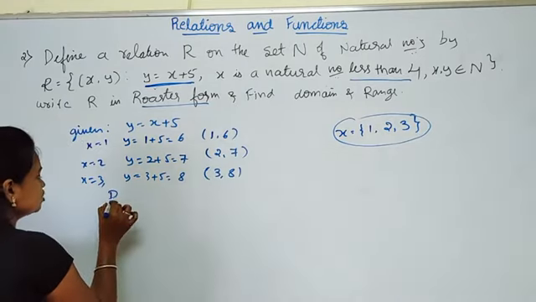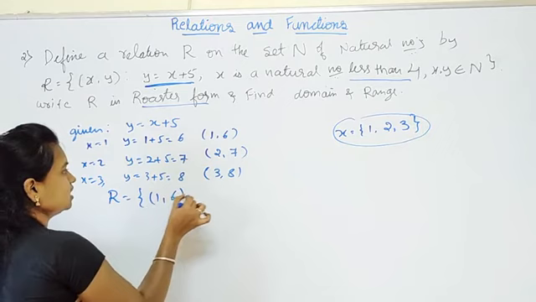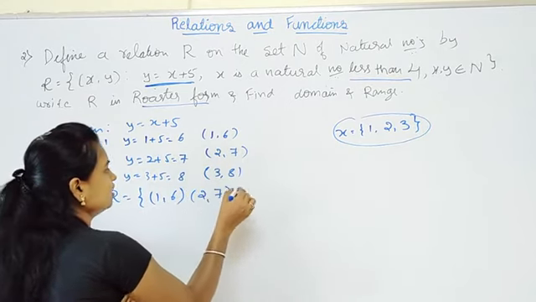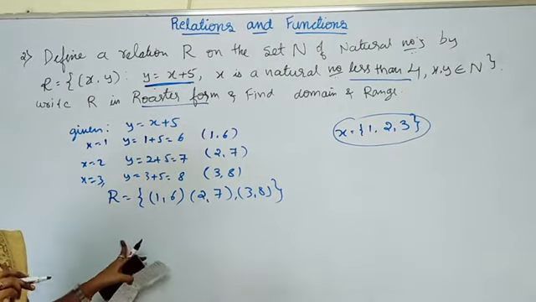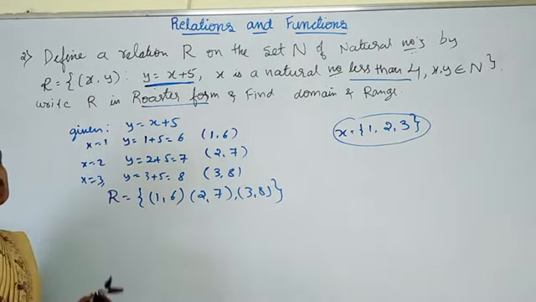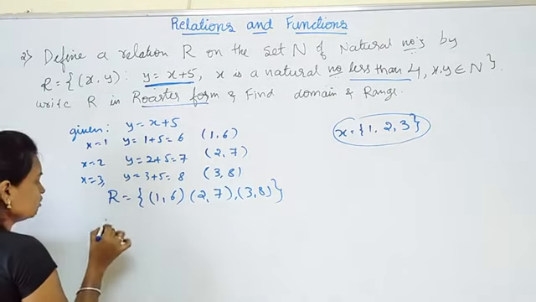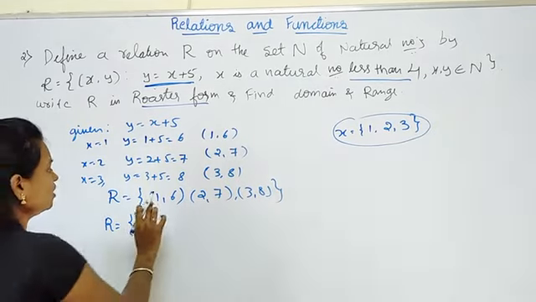So what are the elements of the relation? 1 comma 6, 2 comma 7 and 3 comma 8. This is the relation. They also ask us to write the relation R in roster form. So R is a relation; what are the ordered pairs?